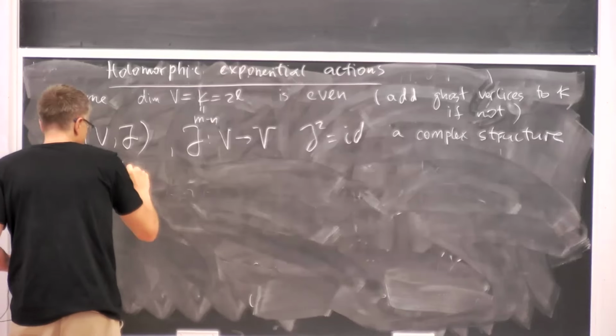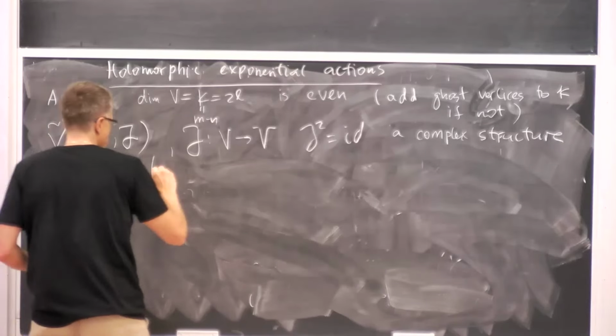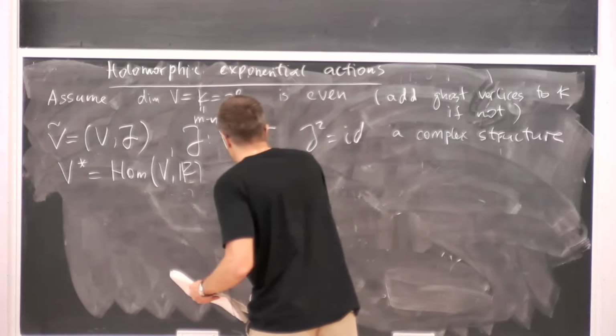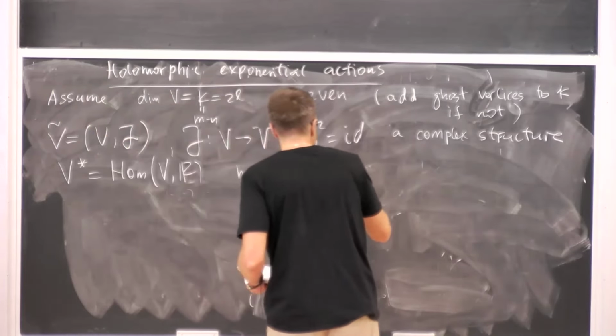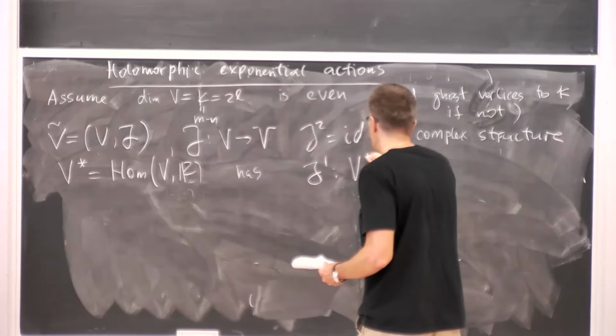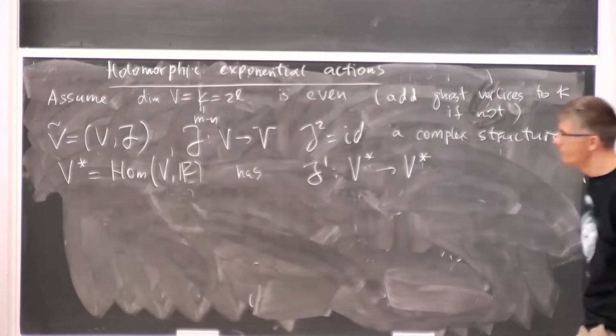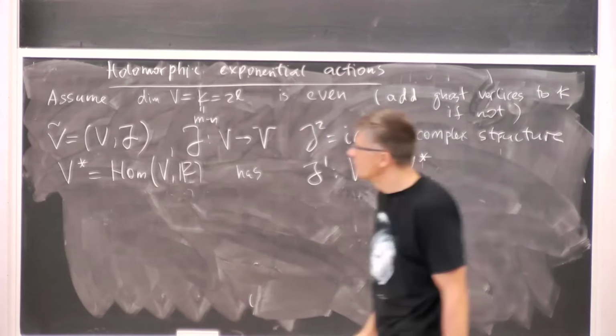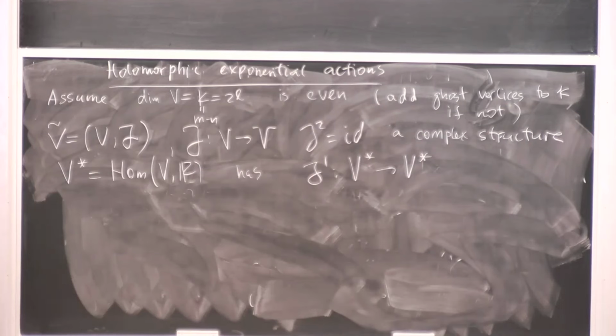The R dual, which we denote V star, also has a complex structure. That's right, so you need to remove the coordinate hyperplane corresponding to this newly added vertex.